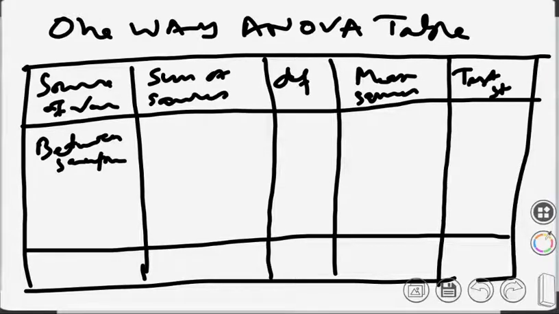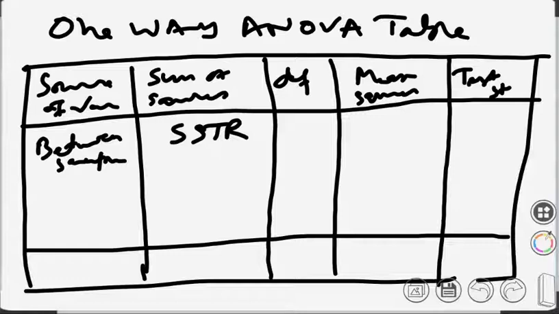Then sum of squares, this is called SSTR. Between samples, the sum of squares we will denote by SSTR. We'll define all of them later. Right now, you just write. Source of variation, I have said, is of two types.